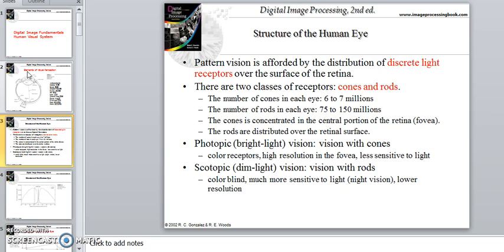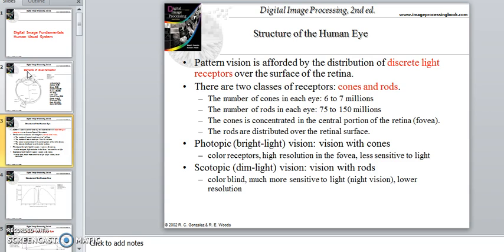Since rods are more responsive to light than cones, we can identify three types of vision depending on the amount of light that reaches the eye. Under dark circumstances, practically only the rods are active. Since rods cannot discriminate colors, we perceive only shades of gray.